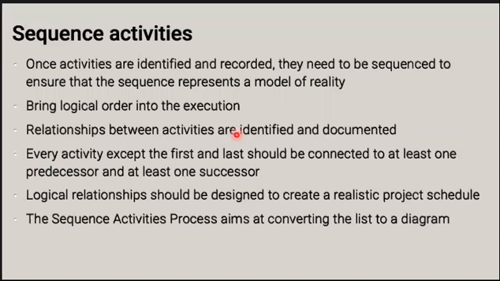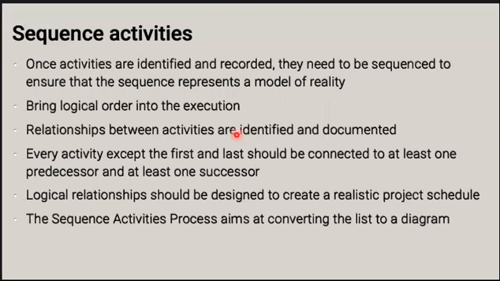The purpose of sequencing is to bring some logic and order of doing things during execution of the project, and to optimize efficiency of the project execution within the project constraints.